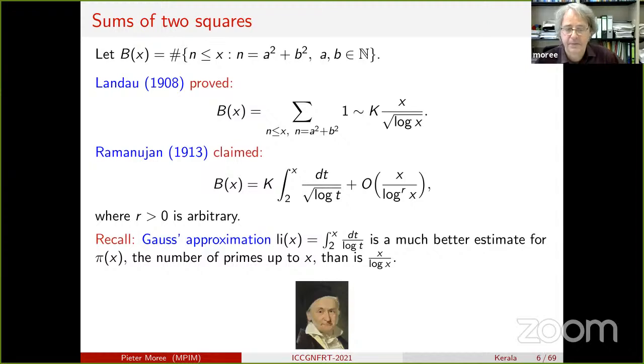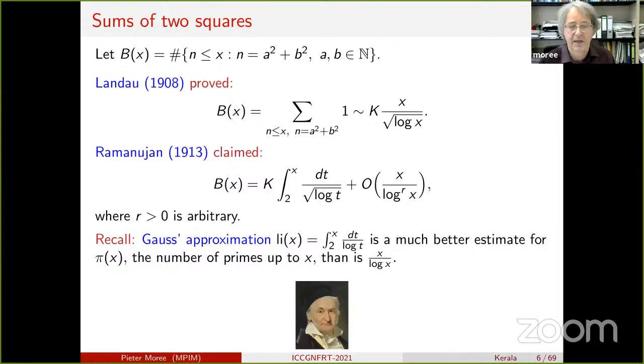The situation might remind you a little bit of counting prime numbers, because if we count prime numbers up to x, then we know by the prime number theorem that it grows as x over log x. That's a well-known result.